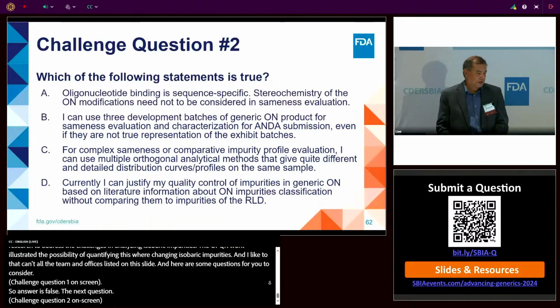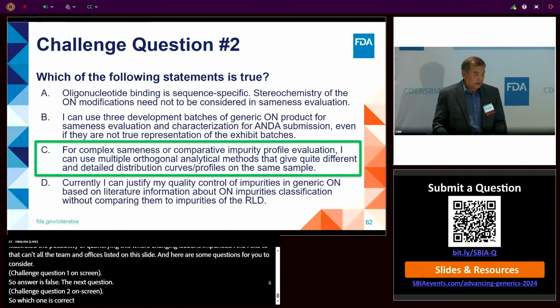C, for complex sameness or comparative impurity profile evaluation, I can use multiple orthogonal analytical methods that give quite different and detailed distribution curves or profiles on the same sample. Or D, currently I can justify my quality control of impurities in generic oligonucleotides based on literature information about oligonucleotide impurity classification without comparing them to the impurities of the RLD. So which one is correct? C, that's right.